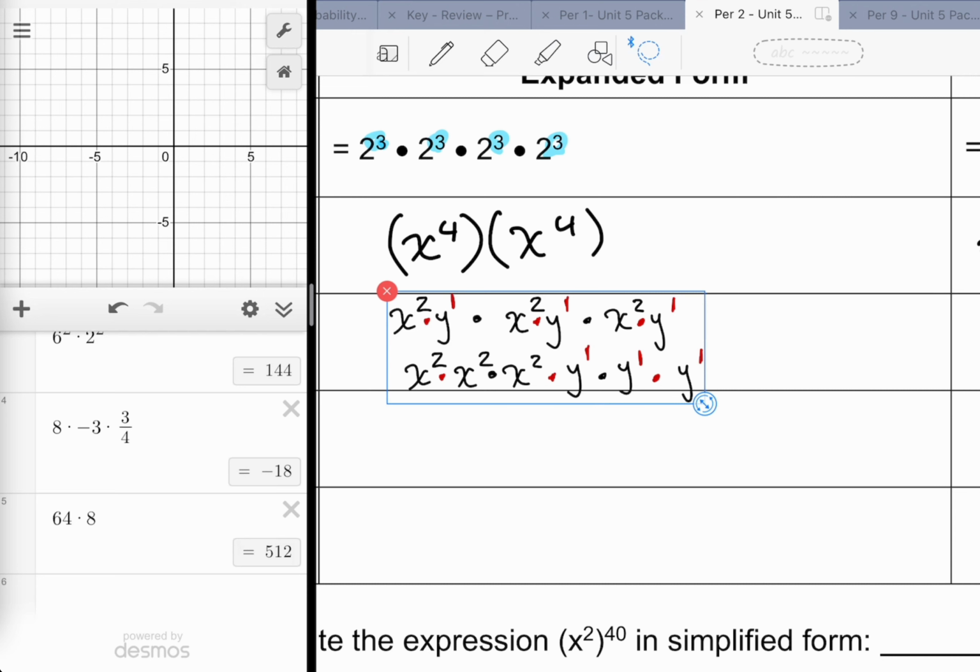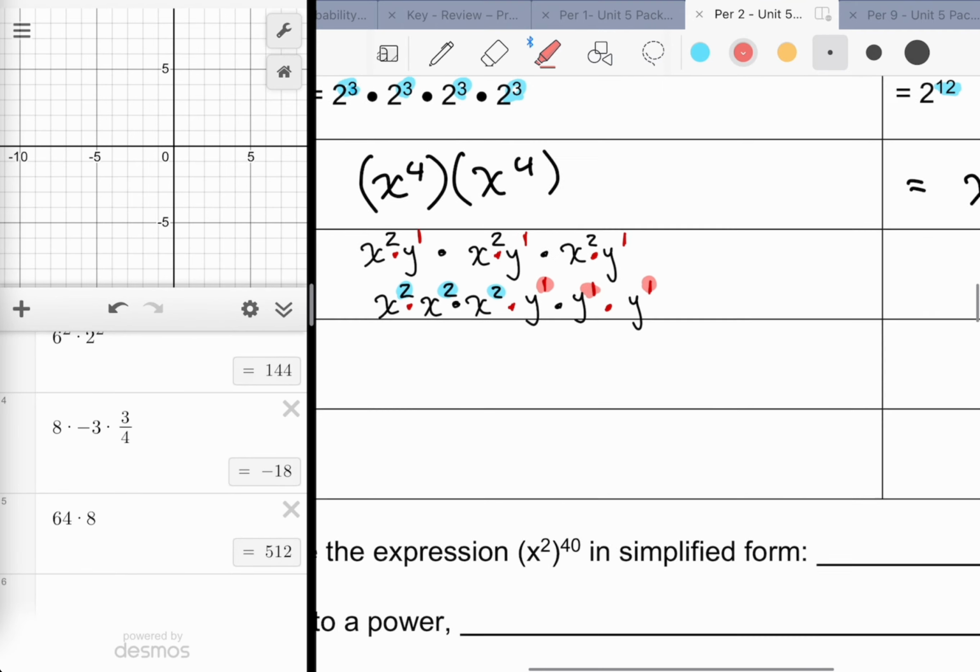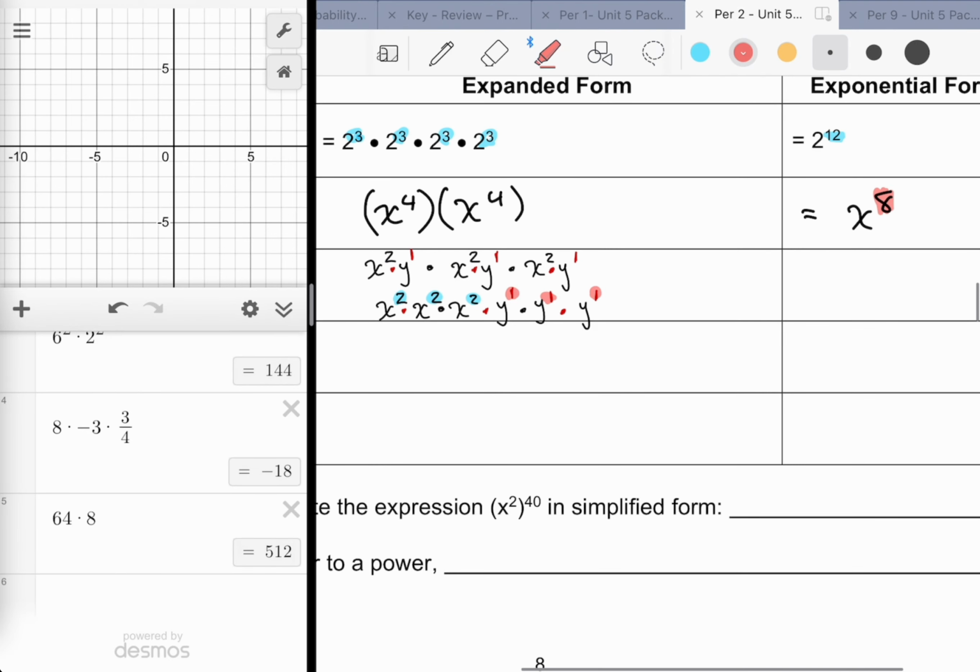That would be saying, keep the base, add the exponents for just the x's. Keep the base, add the exponents for just the y's. So I would end up with x to the sixth, 2 plus 2 plus 2, y to the third, 1 plus 1 plus 1.